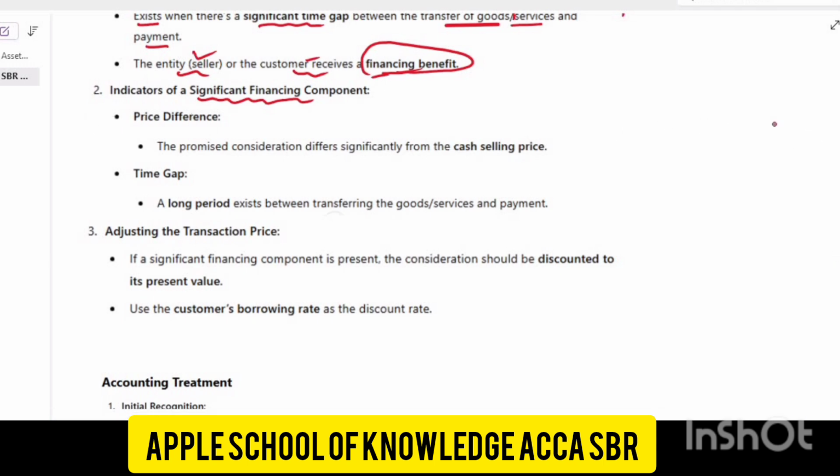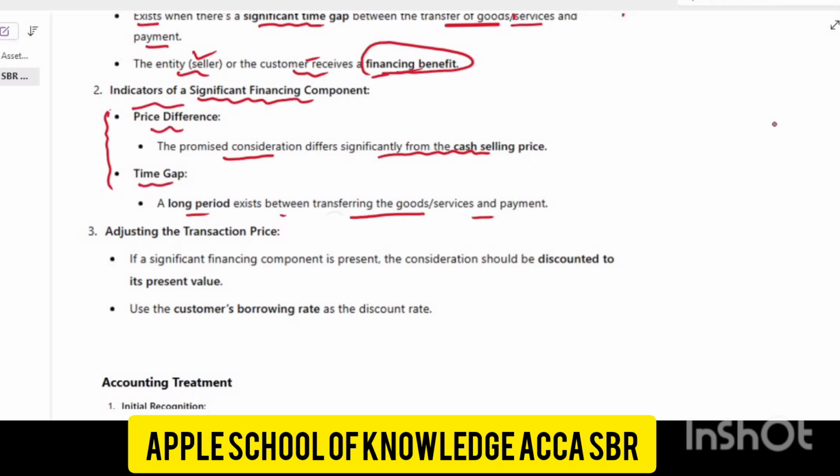The promised consideration differs significantly from the cash selling price. Second, time gap, a long period exists between the transfer of goods and services and payment. So there are two indicators that will suggest to you that there is a significant financing component.